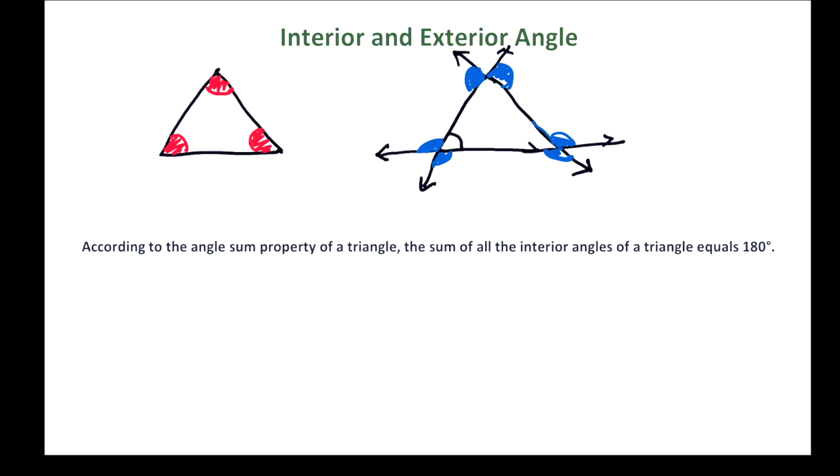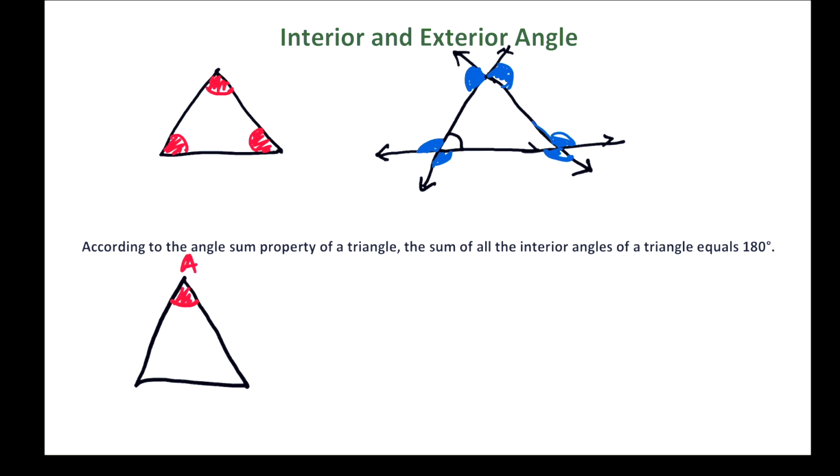Let's talk about the property of interior angles of a triangle. According to the angle sum property of a triangle, the sum of all the interior angles of a triangle is equal to 180 degrees. This is our triangle. One of the interior angles is this.